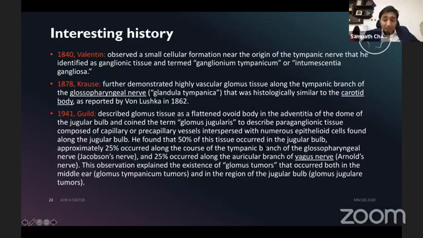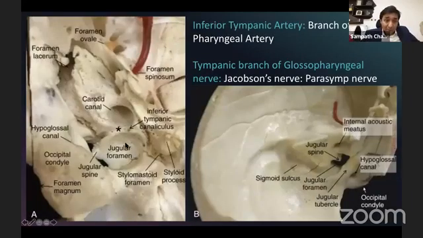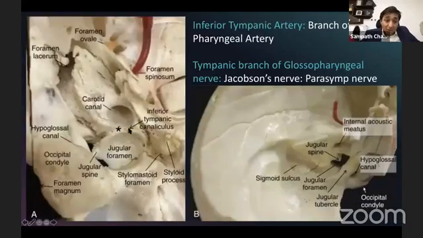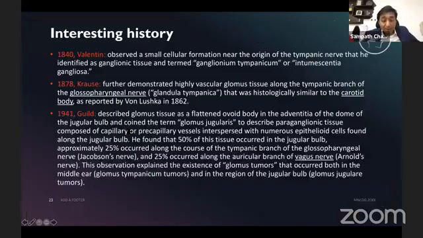Okay, so then he found that 50% of this tissue occurred in the jugular bulb, the dome of the jugular bulb here, and the remaining 50%, out of that, 25% occurred along the course of the point where we were discussing, the inferior tympanic artery, the tympanic branch of the glossopharyngeal nerve, that is Jacobson's nerve, and another 25% occurred along the auricular branch of the vagus.